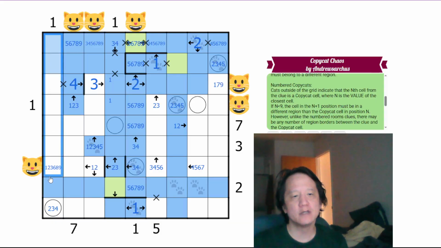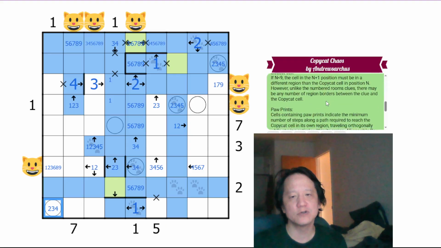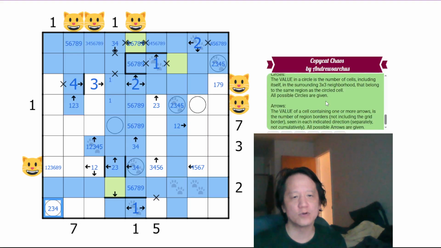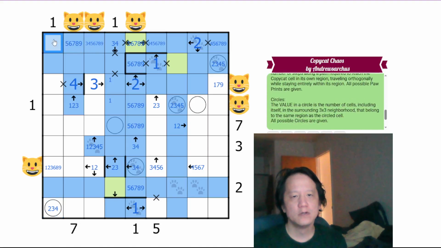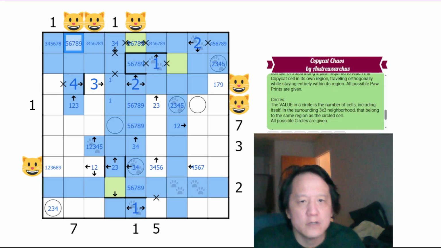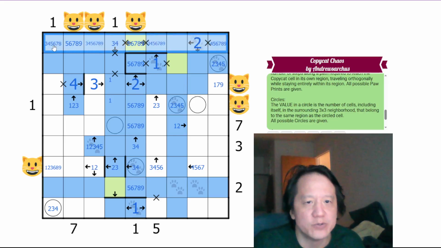This cannot be 9 because the value of the circle... Yeah, the value of the circle is 2, 3, or 4. Can't be 2, can't be 1, so this has to be 3 through 9. No 9. 3 through 8. Where is 1 possible now?